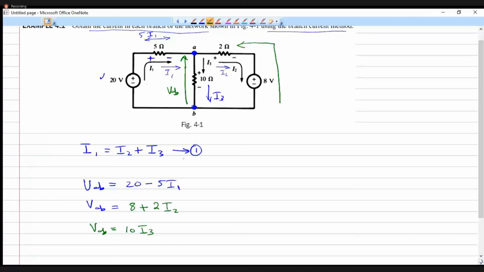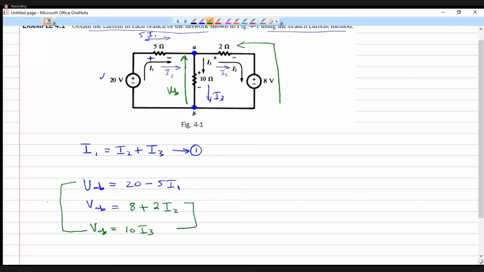So we got a series of simultaneous equations. We can eliminate this VAB. How can we eliminate this VAB? Equate any one of these equations. So I will equate these two equations and I can equate these two equations. So I can eliminate VAB and eliminate one variable.